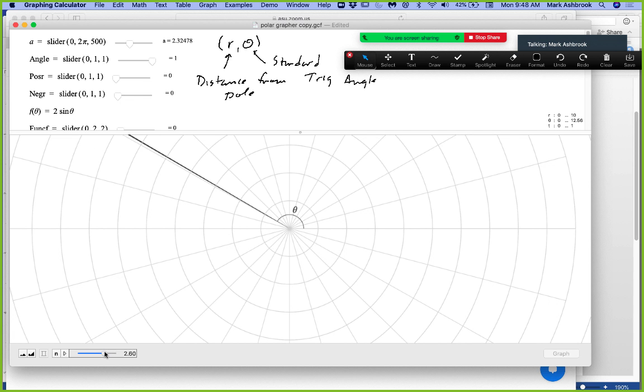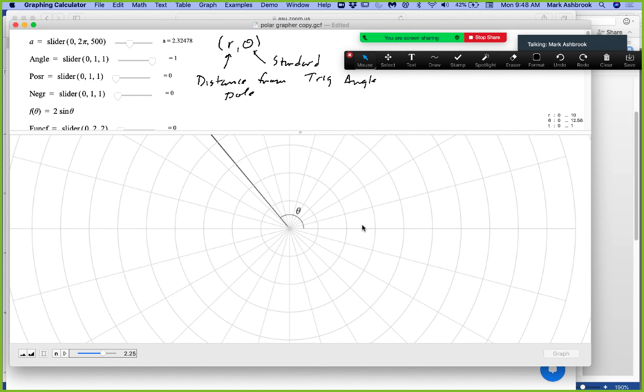Okay, and so let's just come here to say 2.25, beautiful. Okay, so here is the angle measure 2.25, and then once you've picked your angle measure, then r is along that trajectory at the terminal side of the angle, right?